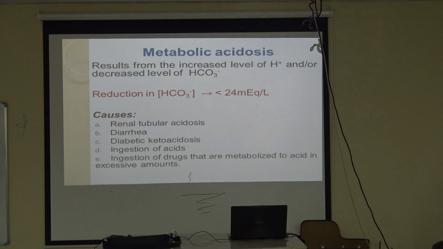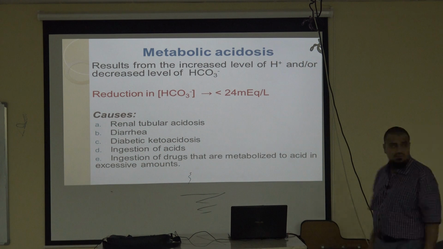But in this condition, actually the kidney is causing the acidosis. Renal tubular acidosis means acidosis is caused by the kidney. The kidney has some disease and it is unable to excrete the hydrogen or unable to reabsorb the bicarbonate. Renal tubular acidosis is that one.